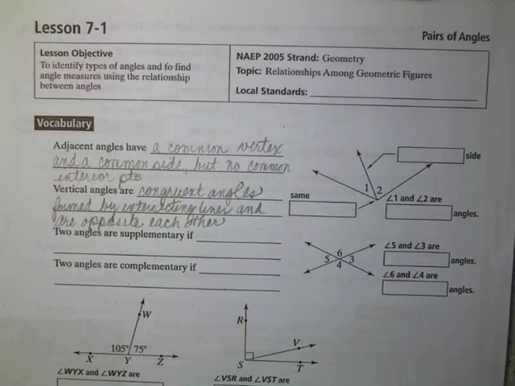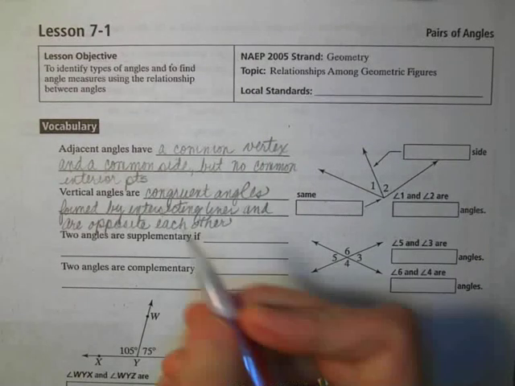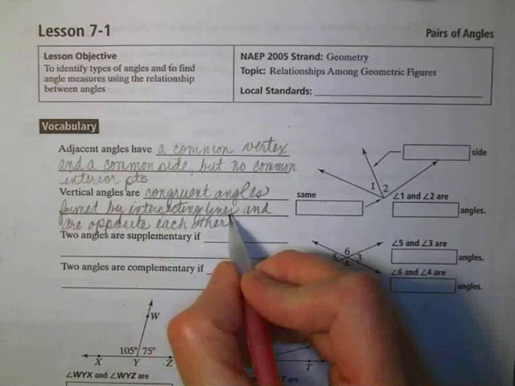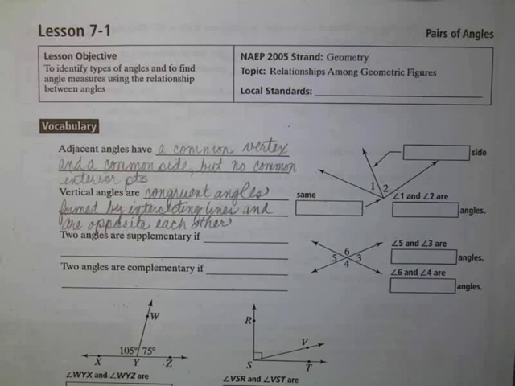So that would be vertical angles. I think I mentioned I was doing some research online and I found that in Britain, I believe these are called opposite angles, or in different programs perhaps.